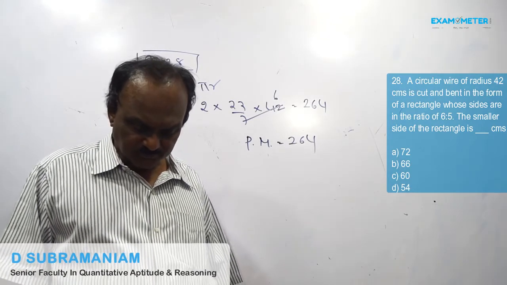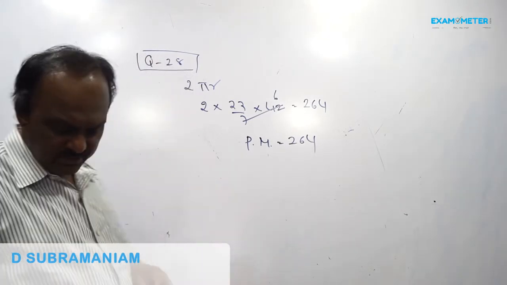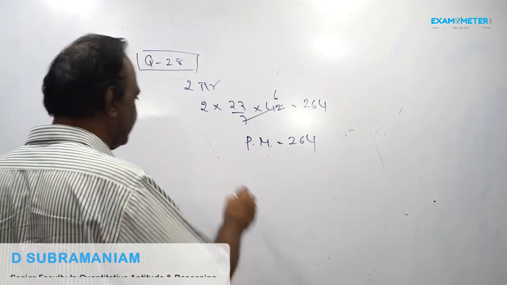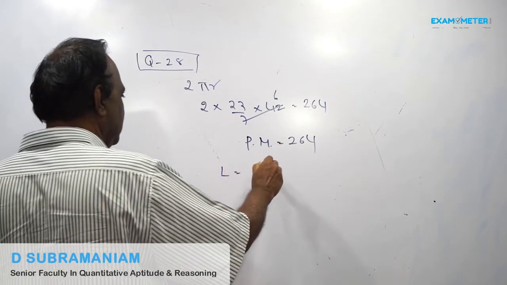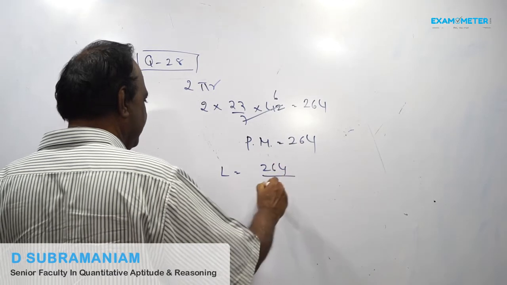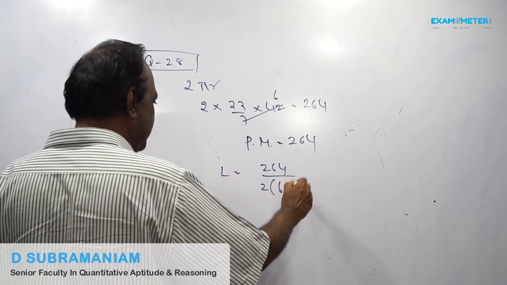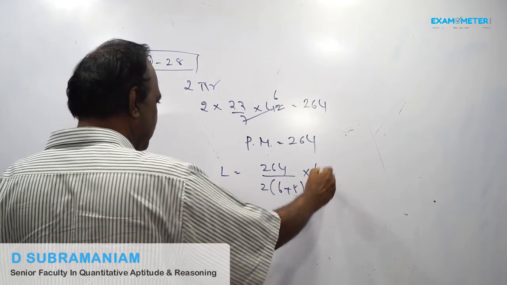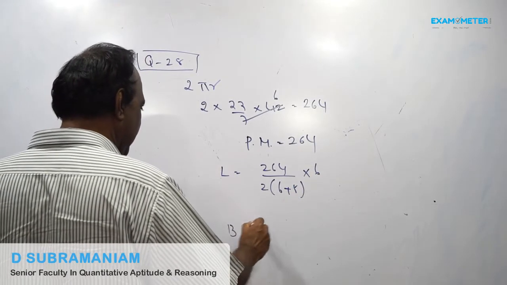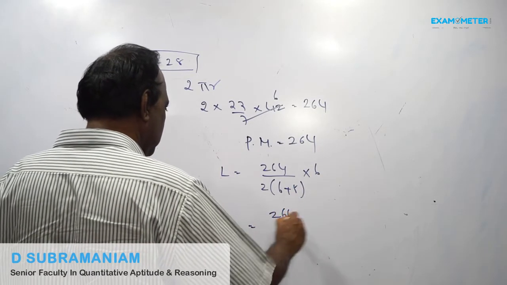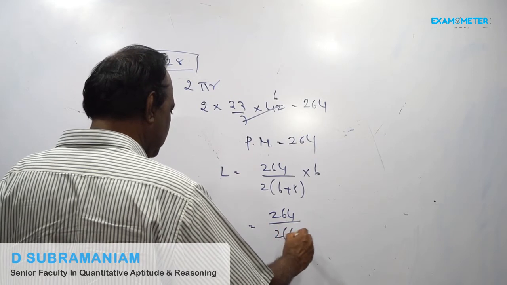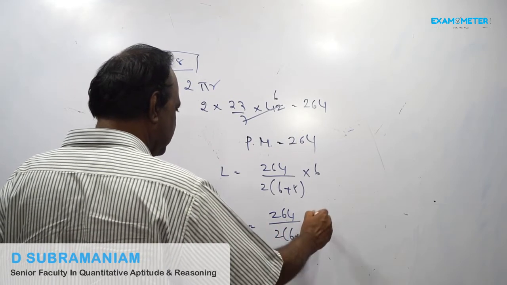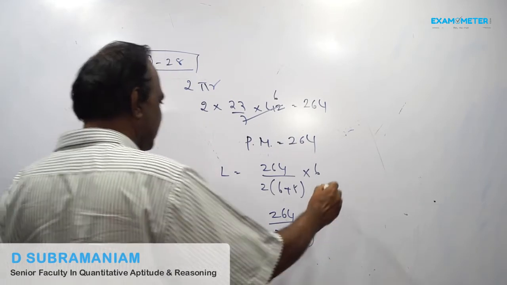Therefore, length is equal to 264 by 2 into 6 plus 5 into 6, and breadth is equal to 264 by 2 into 6 plus 5 into 5.